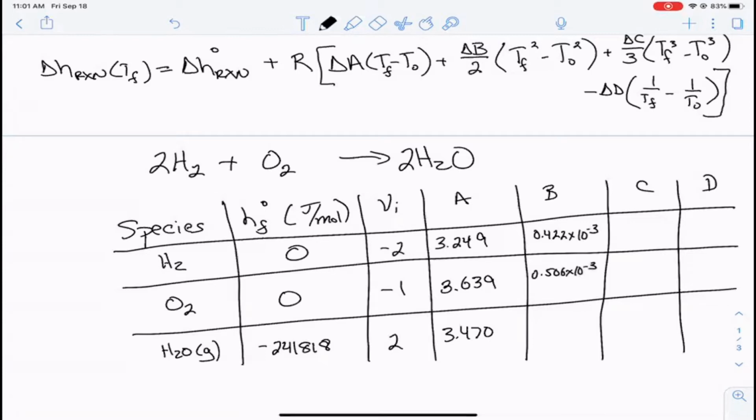For water is 1.450 times 10 to the -3. And then C for all of these is equal to 0. And then D for hydrogen is 8,300. For oxygen is -22,700. And for water is 12,100. Okay, so now we have everything that we need to solve this equation above.